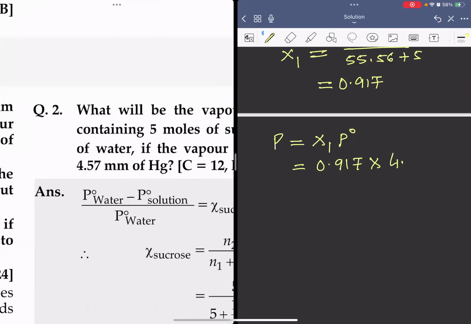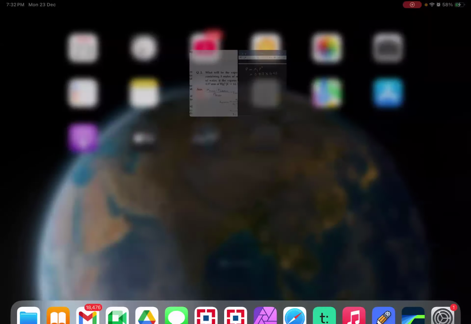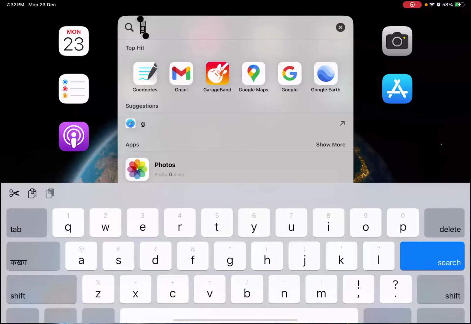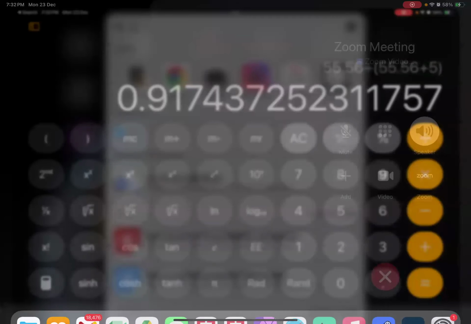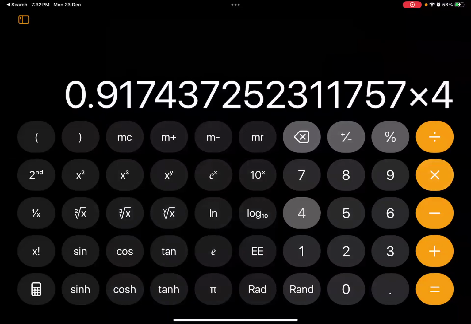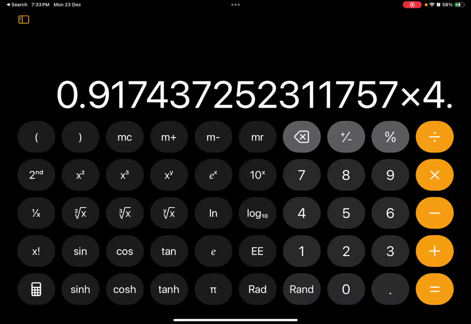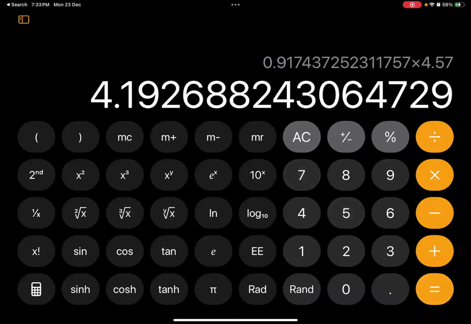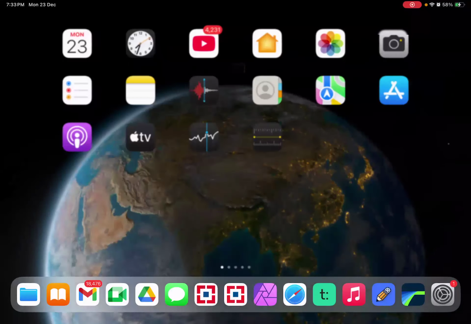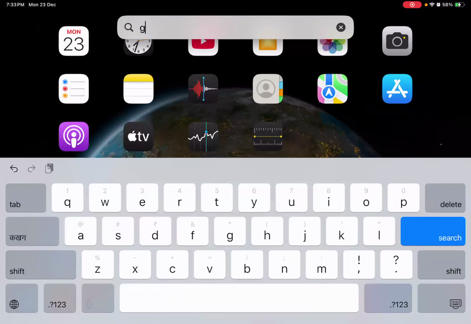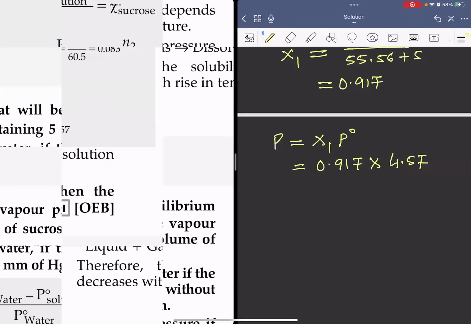So let's multiply that with 4.57 in the calculator. So 4.19. That is the vapor pressure of the solution. So it is going to be 4.19 mm.